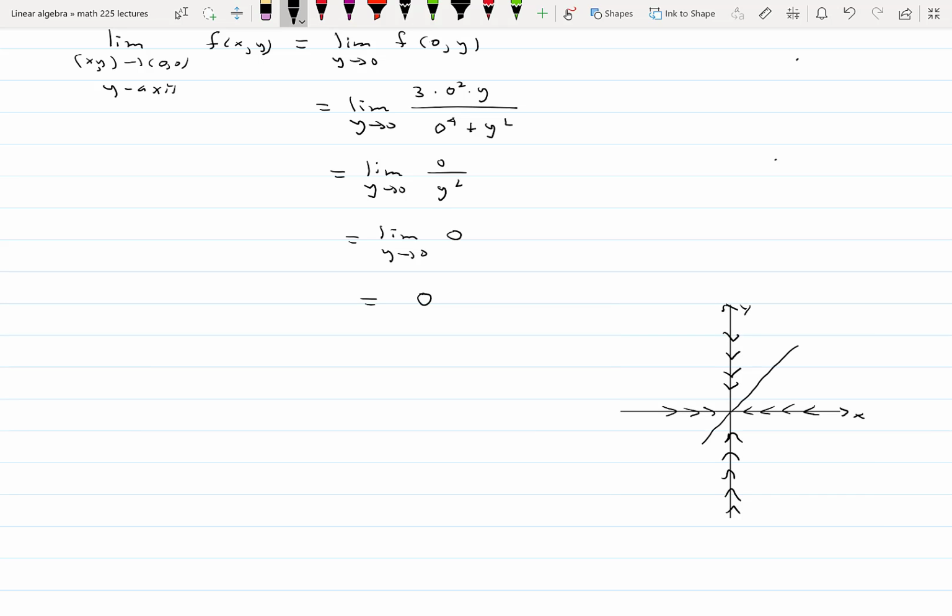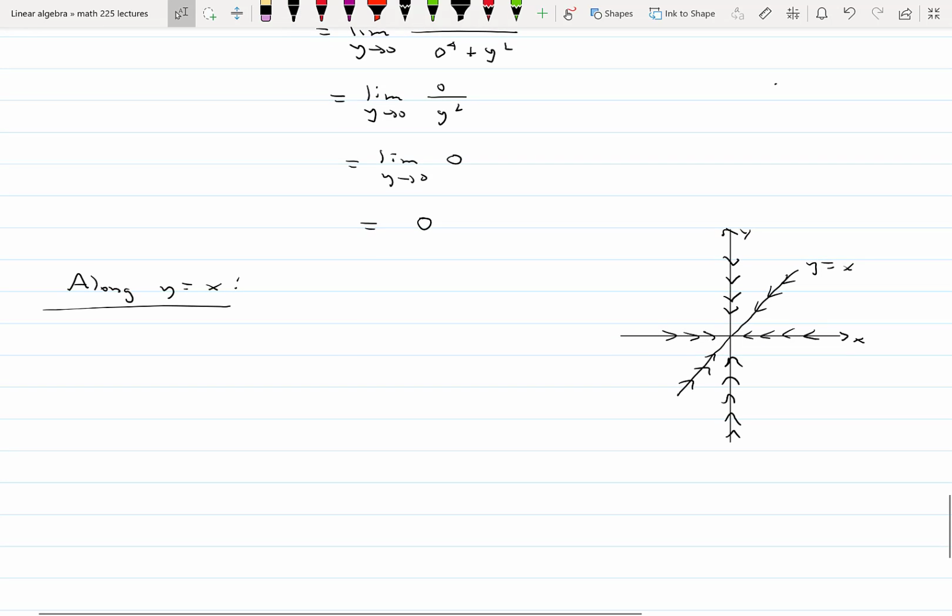Let's take a look along the line y equals x. Keep in mind, we're not looking at this in 3 space. We're looking straight down from space here into the xy plane. We're not looking at the actual surface graphed here.